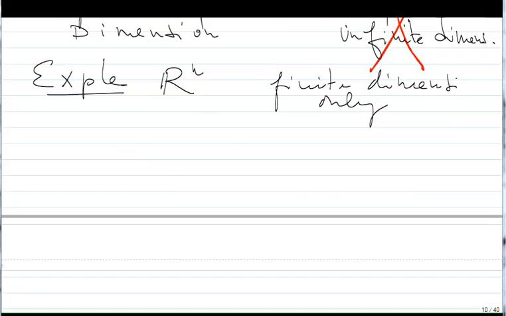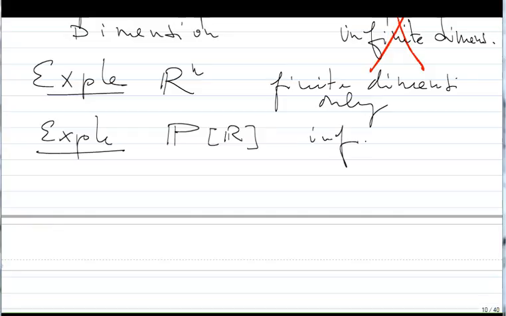If we take another example, if you take polynomial functions on R, this has an infinite dimension.